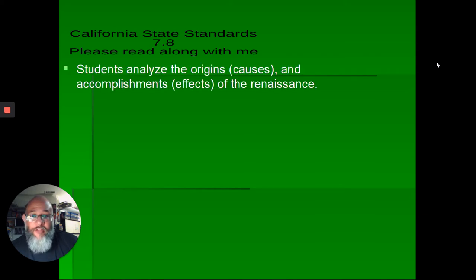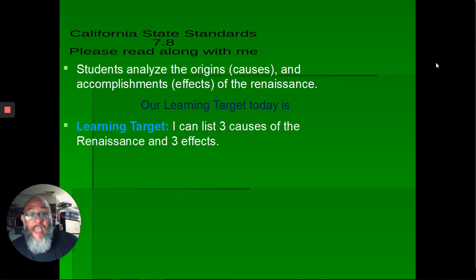We're going to analyze the origins, causes, and accomplishments, effects of the Renaissance. Our learning target today is, yes, there's a learning target. I can list 3 causes of the Renaissance and 3 effects. So the goal is to find the causes and then the effects. Okay?